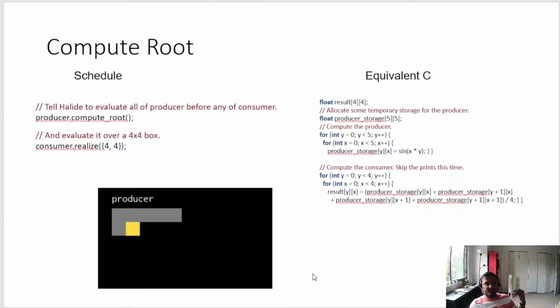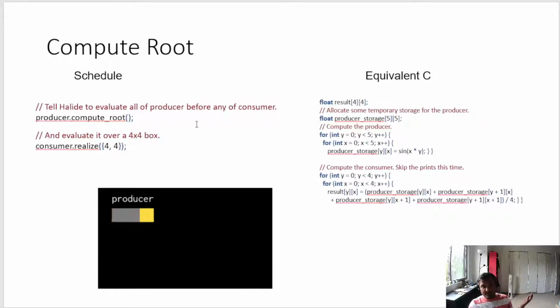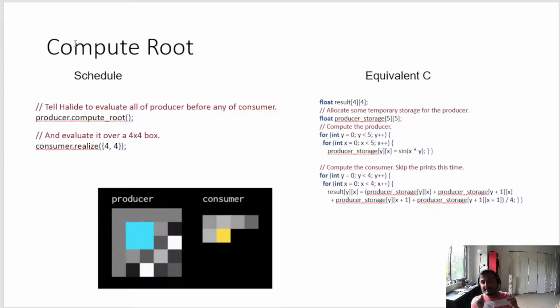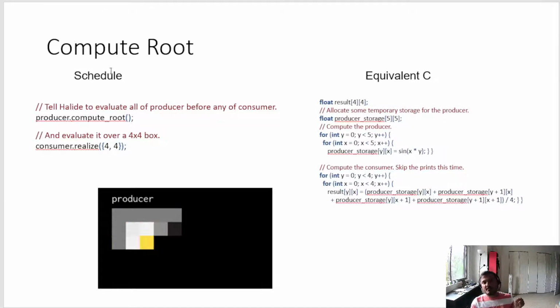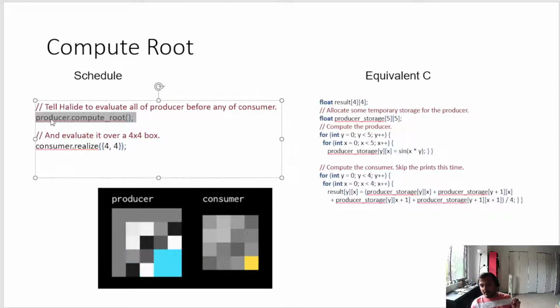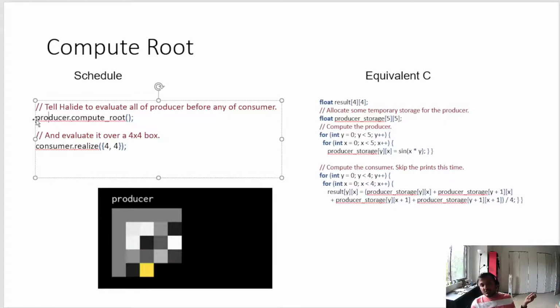All right, now we'll take a slightly visual look at the same stuff again. So compute root. How does compute root work? What compute root does is it completes one stage first, and then it moves to the next stage. All I have to tell Halide is to call compute root on a particular stage.